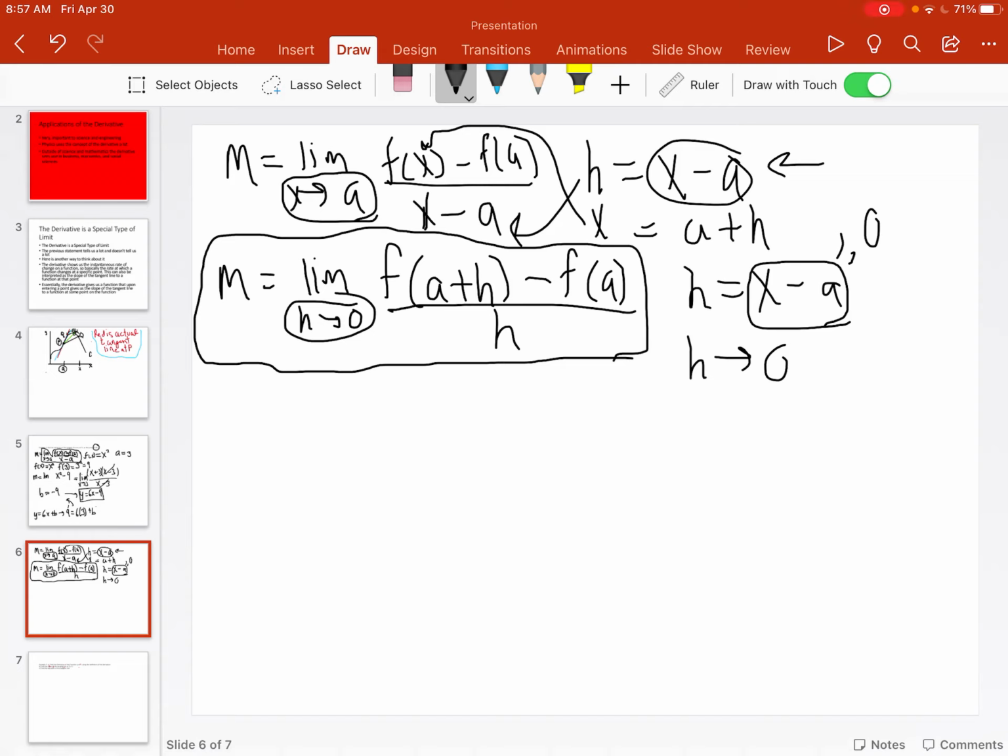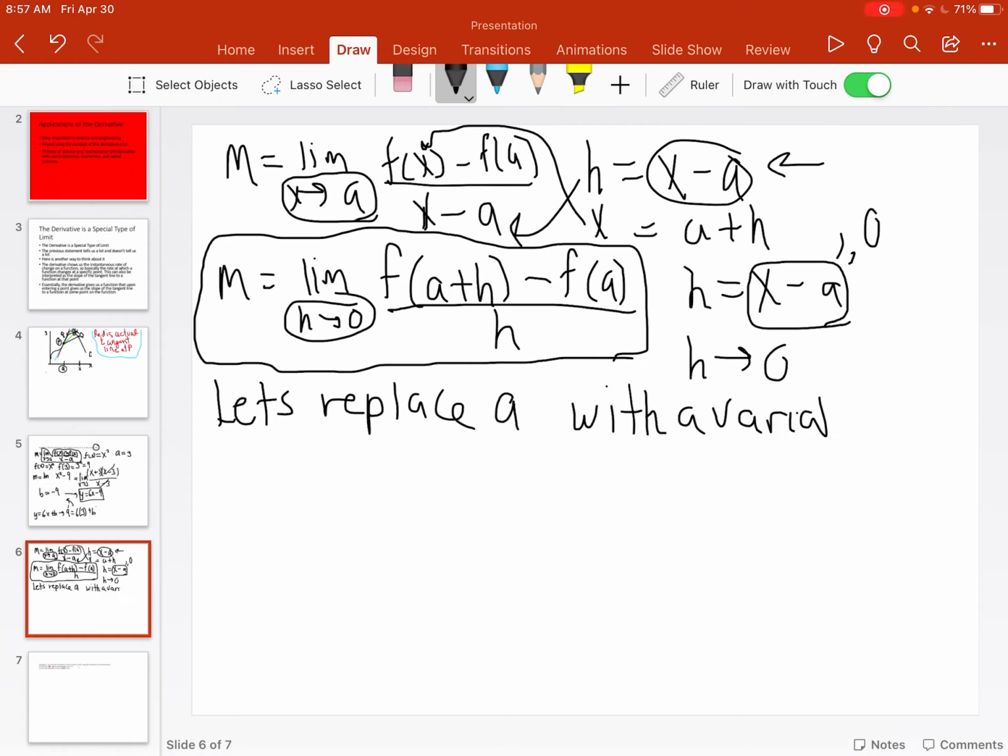Recall I said that a is just a number. Now let's replace a with a variable, x.